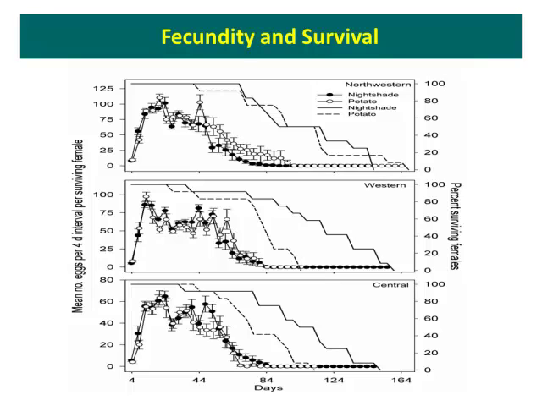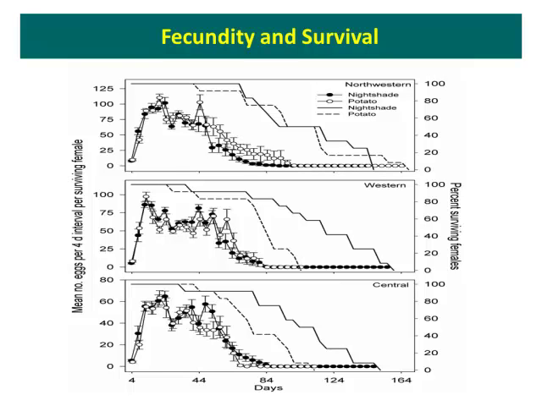And when we see the two hosts, the potato with the dotted lines and the nightshade with the solid lines, in the northwestern haplotype, the psyllids live longer on both nightshade and potato.